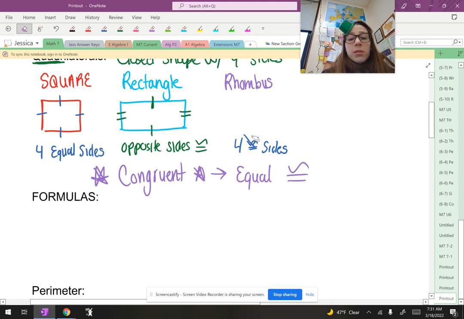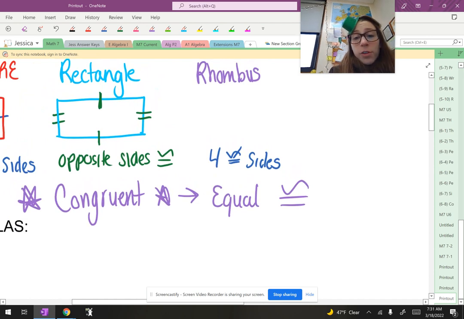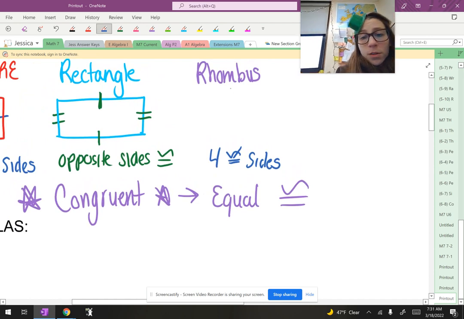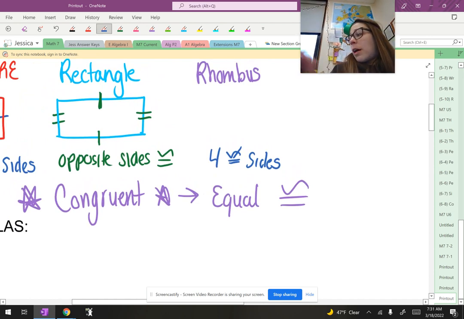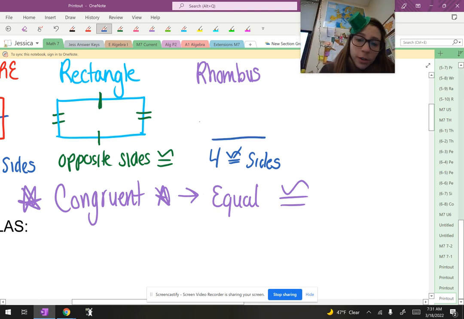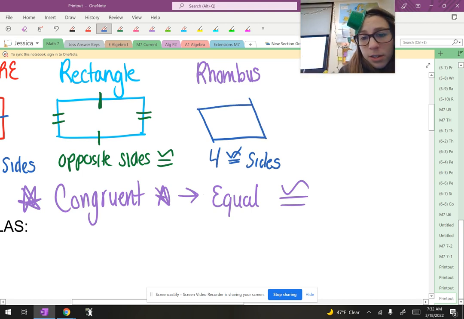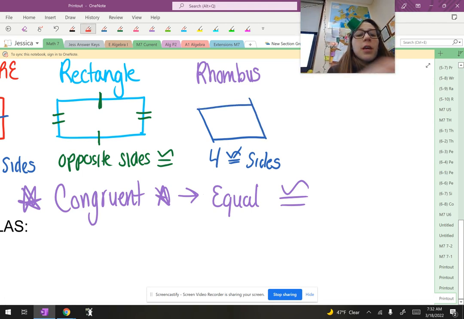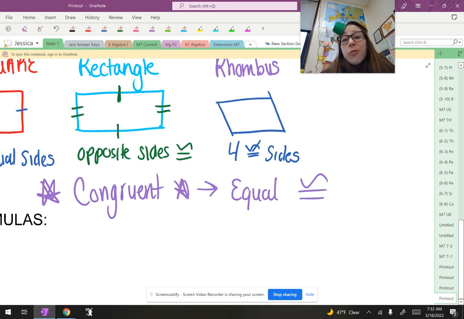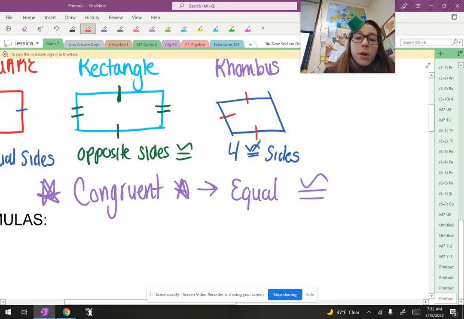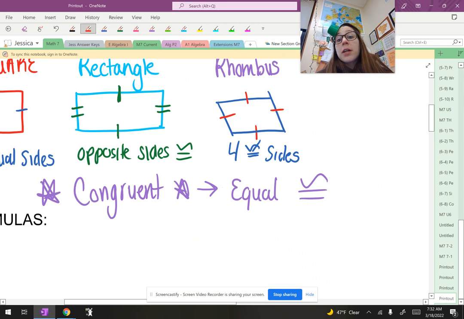That's not a very good rhombus. Doesn't have to be perfect. Let's try again, though. So something along the lines of... There we go. I always try to draw it a different way, and it makes it harder. There we go. Close enough. And again, even though it doesn't look like all 4 sides are equal, I'm going to put those congruent markings in that tell me all 4 sides are equal.